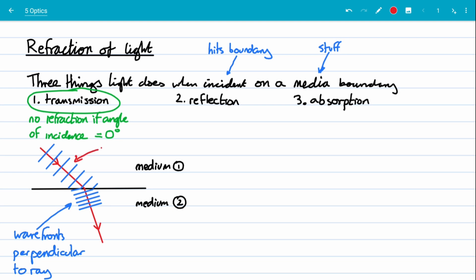So that's the ray, which is the direction of the light. Direction, that's direction of, let's say, energy flow or propagation. There's lots of words that we could say to describe this.